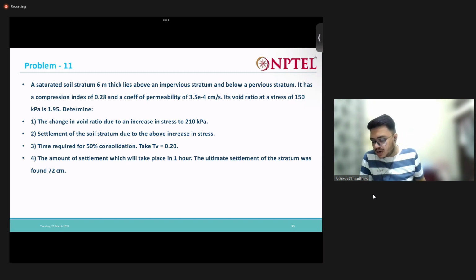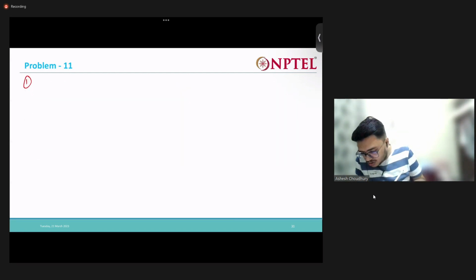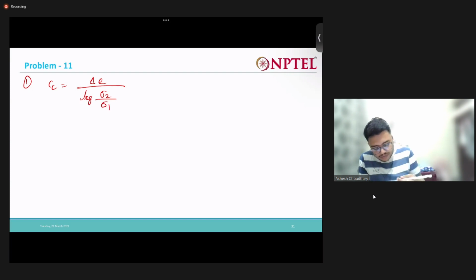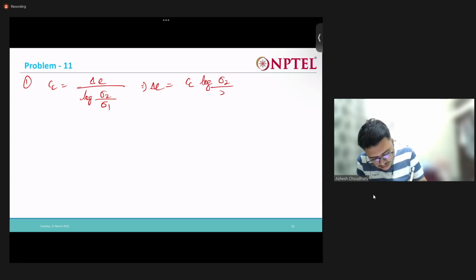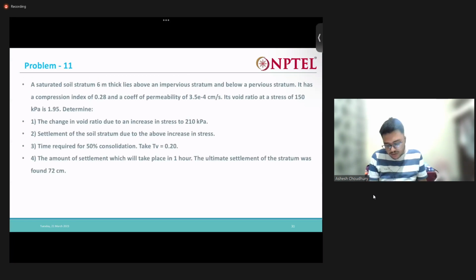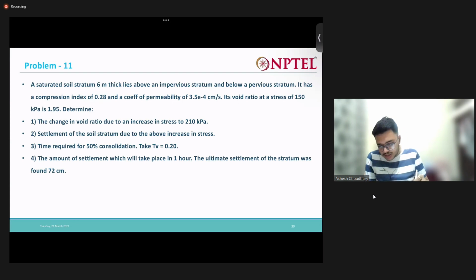We will just use our relation with Cc to determine this. So Cc is nothing but change in e over log of sigma 2 by sigma 1, so from here we can easily find out delta e. Cc is given to us, 0.28, the compression index.